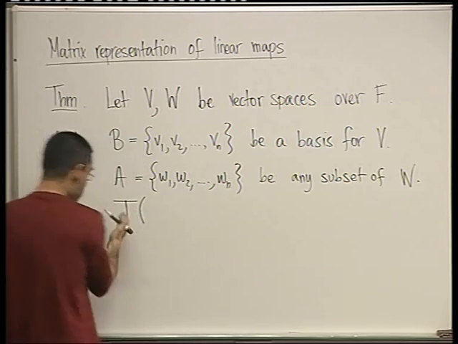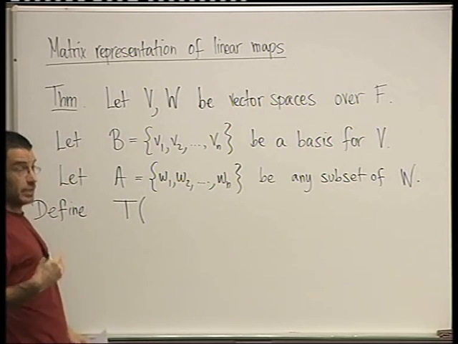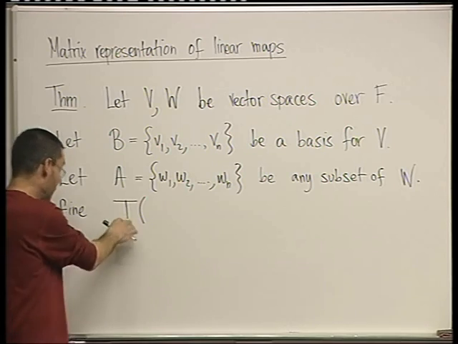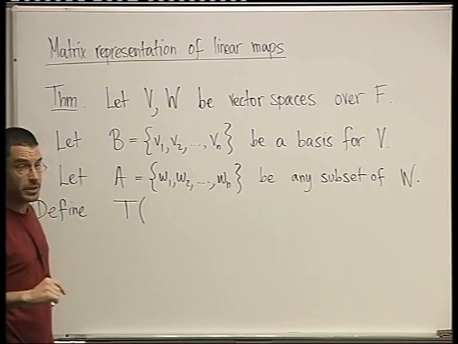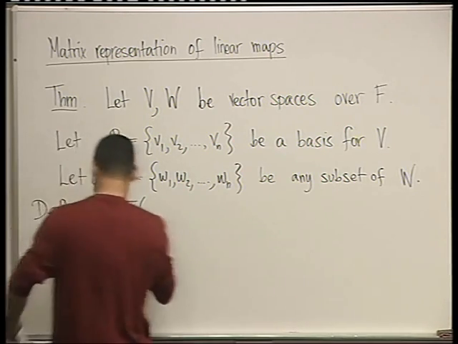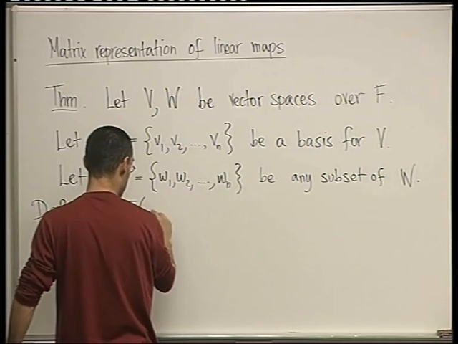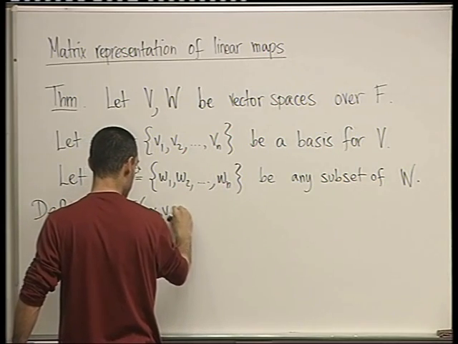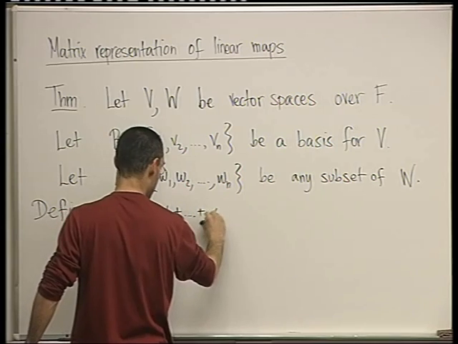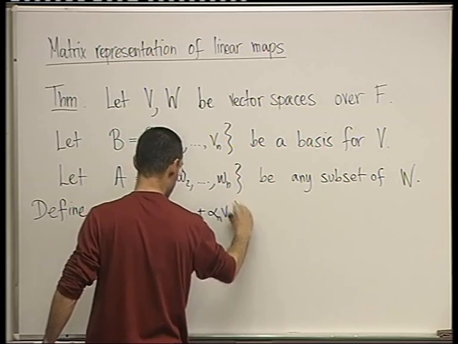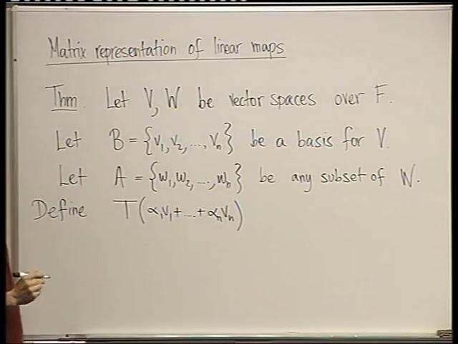So in order to tell you what T does, in order to define a linear transformation, I have to tell you what it does to every element in V. So I'm going to write that element in V as a linear combination of these: alpha 1 V1 plus alpha n Vn. This is a general element in V, looks like that.